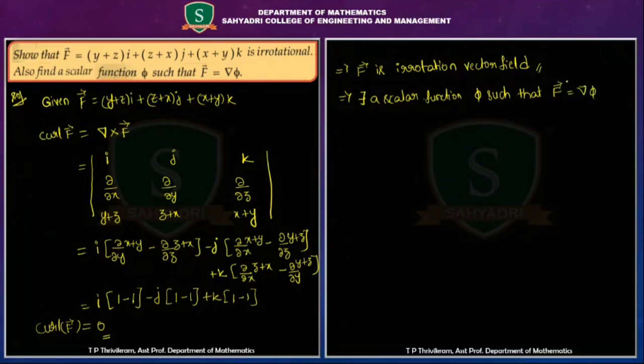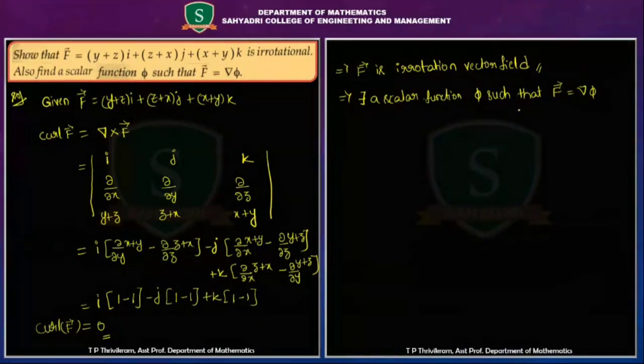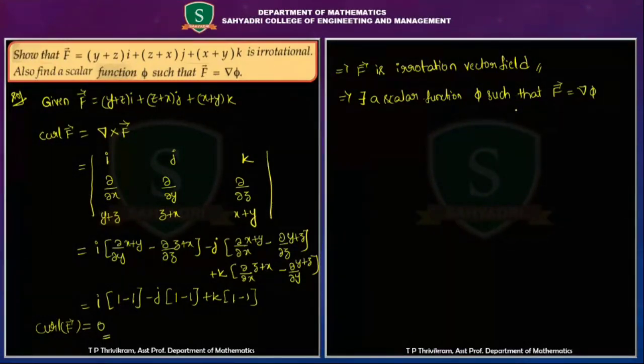Yes, Akshay, what's your doubt? You have raised the hand, right? Any doubt? Oh, no, sir, by mistake. Okay. So if f is an irrotational vector field, then there exists a function phi such that f is equal to del phi. So we need to find such phi.